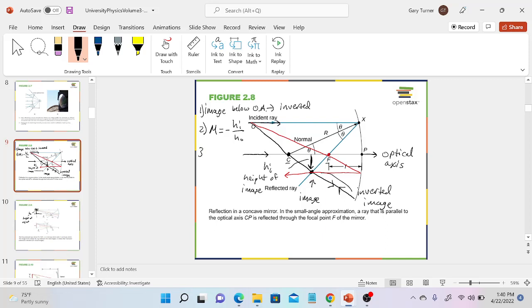Number three, if your rays physically converge, this is what we call a real image.